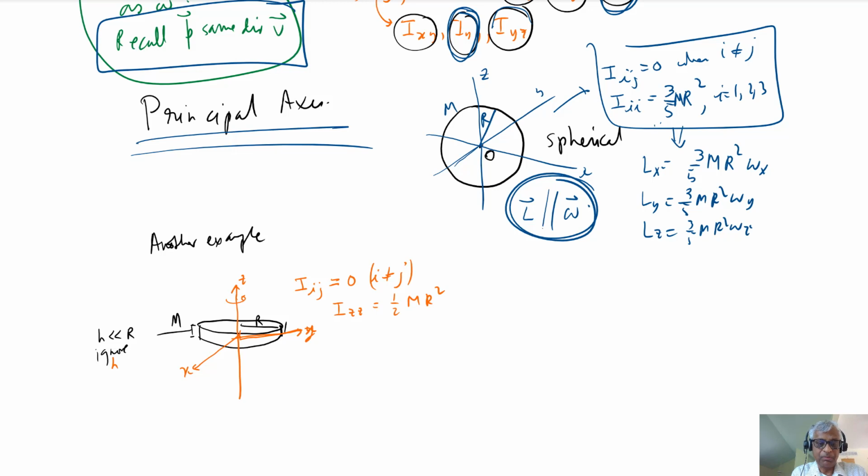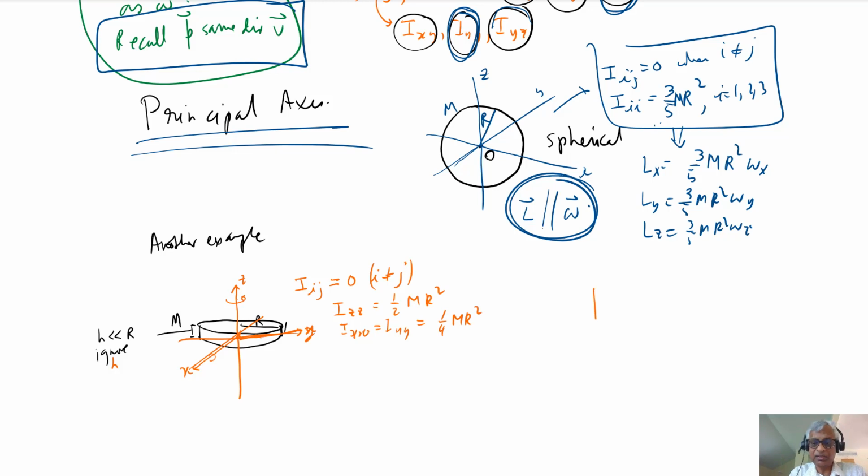If I rotate about the x-axis, the x and y axes are symmetric, so Ixx will equal Iyy, and that's going to be 1/4 mr square.